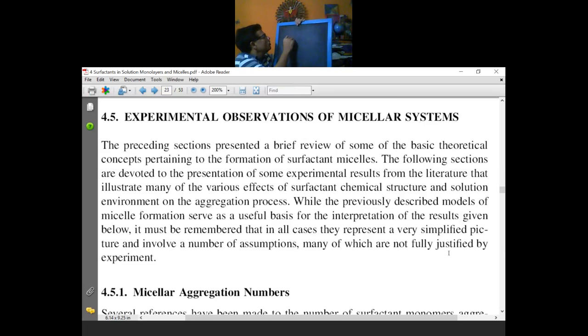If I have a fluorescent probe like this, then if I put a quencher in presence of it, fluorescent quencher means, then what would happen?